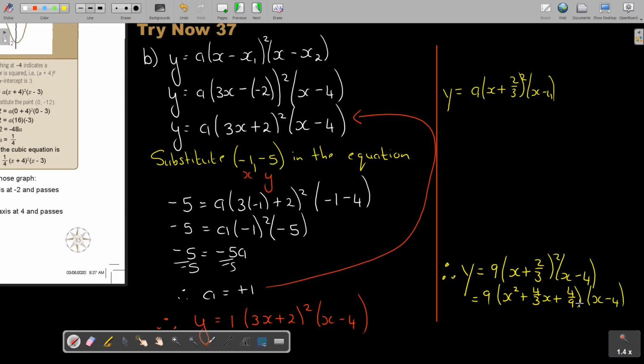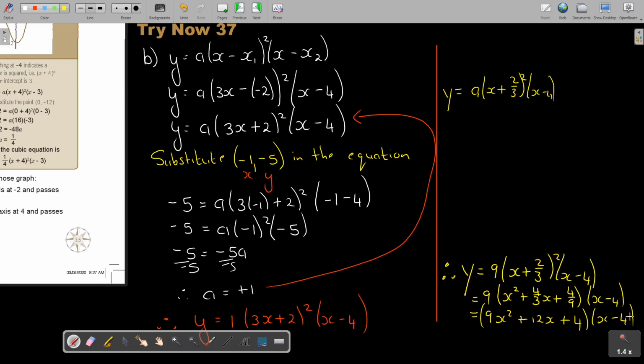If you multiply this in, this will cancel, so it's 9x squared plus 3 times 4, which is 12x, plus 4, times (x minus 4).